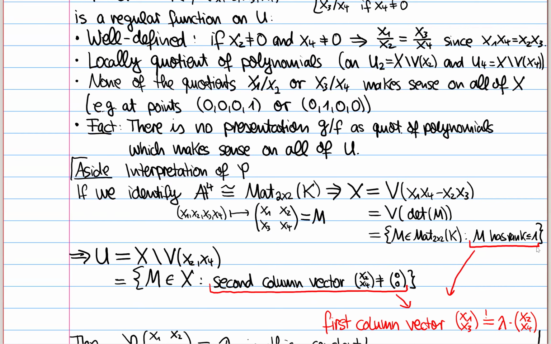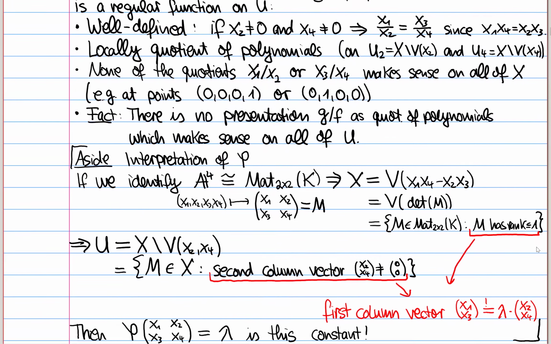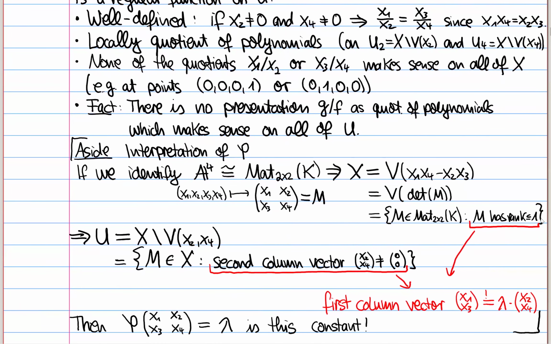Right? If it had full rank 2, then its determinant would be non-zero, and so the complement is exactly where the rank is less or equal 1. And then this open subset U is X minus the vanishing of x2, x4, which is the second column vector. In other words, if we remove this, then we only look at matrices such that the second column vector is non-zero.